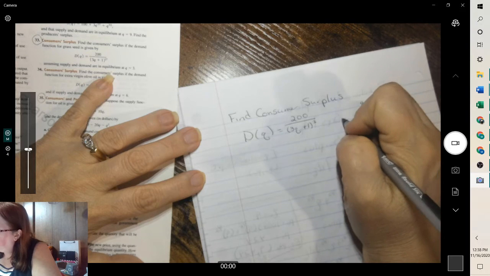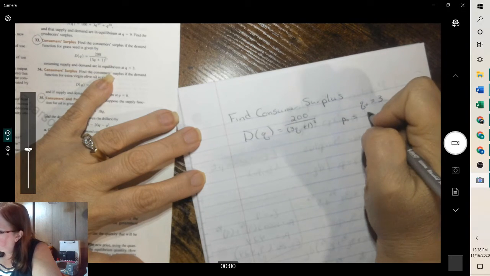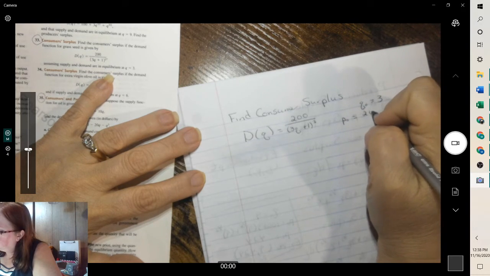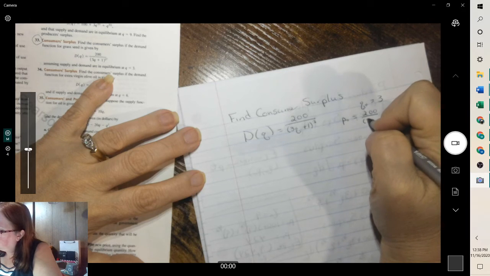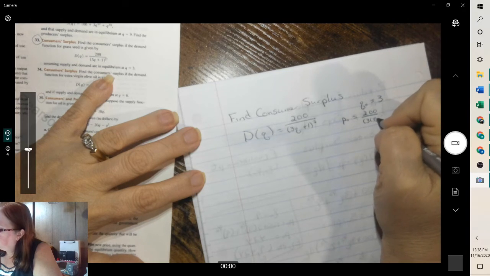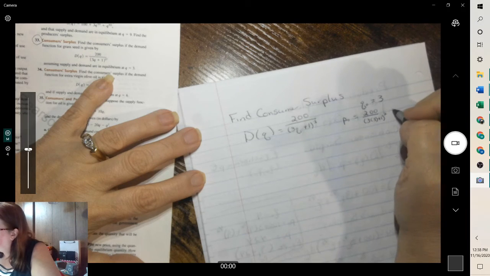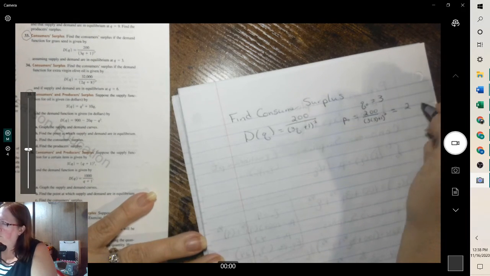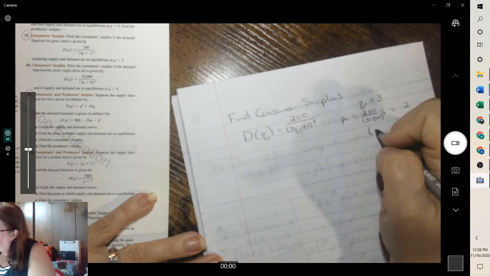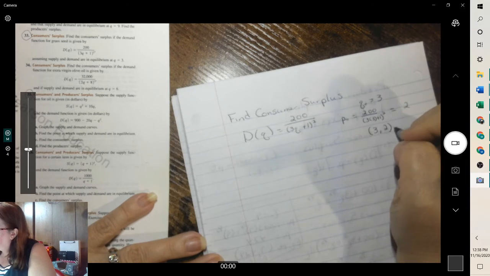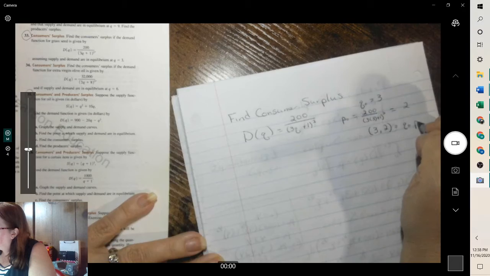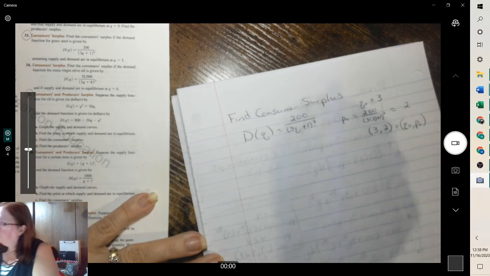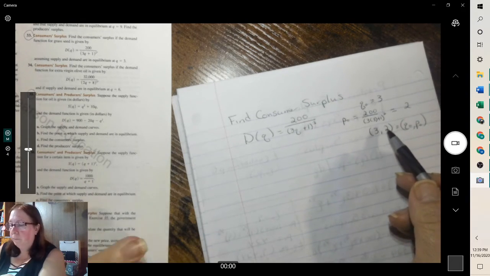So then again, we'd have to find P sub 0. That comes out to 2. So our equilibrium point is 3, 2.